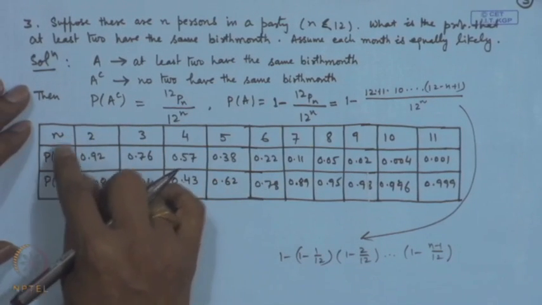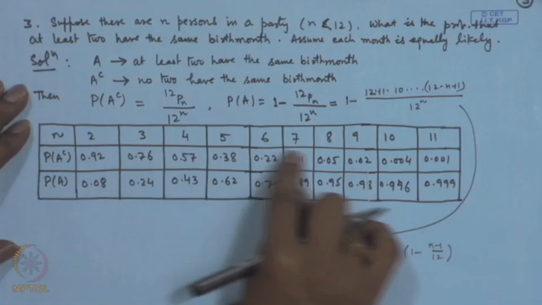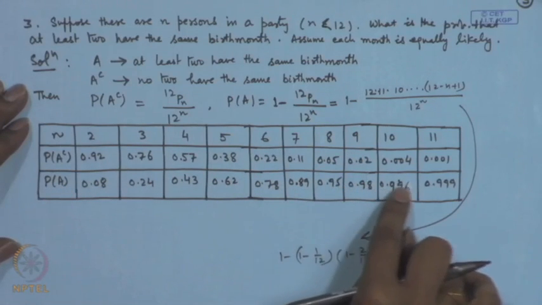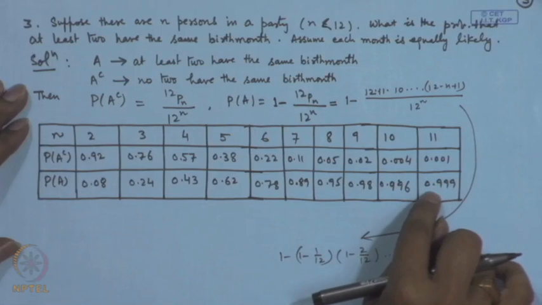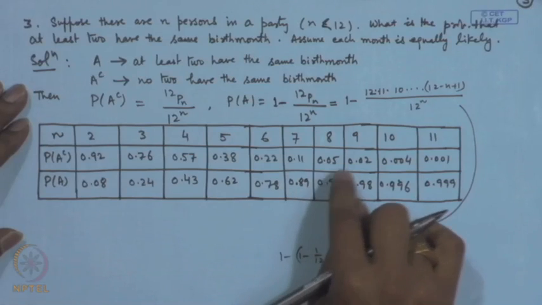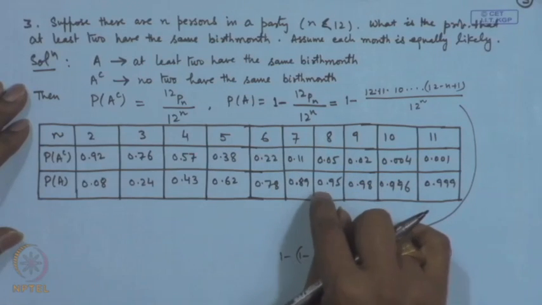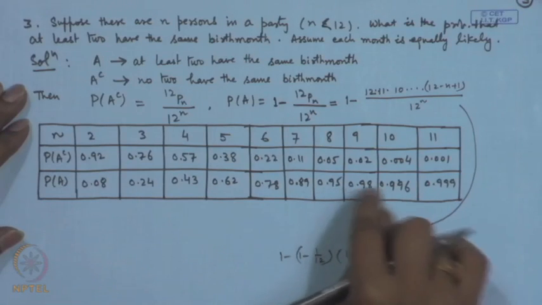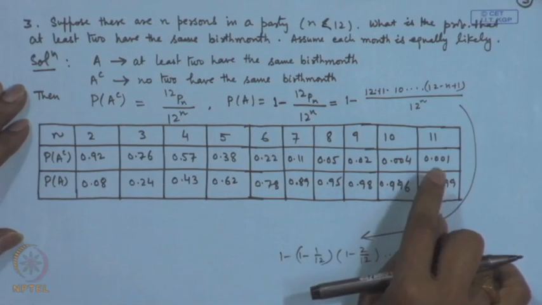The probability of A complement reduces as n increases and probability of A increases as n increases. As you can see, when there are 11 persons, the value is almost 1 here. In fact, you can see that after 7 persons, the probability is almost 90% that at least 2 will have the same birth month.